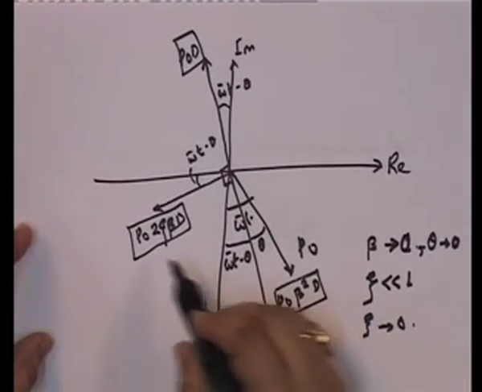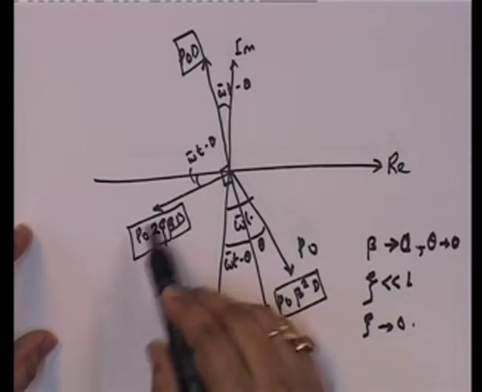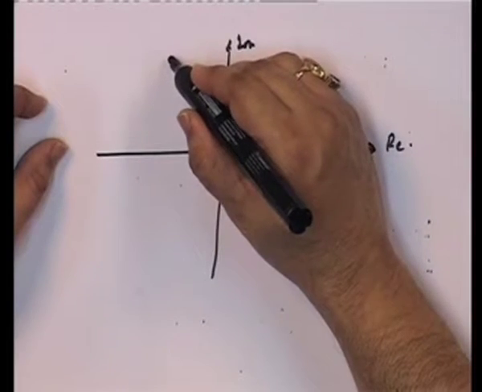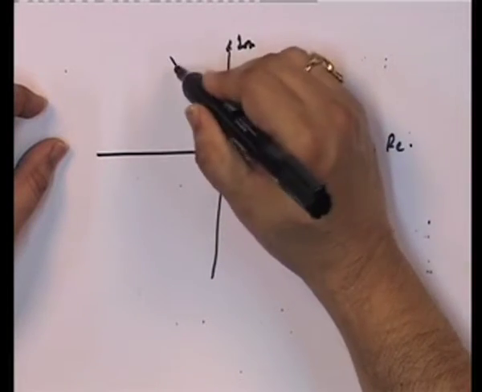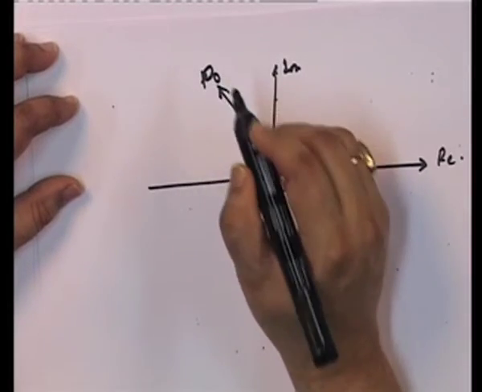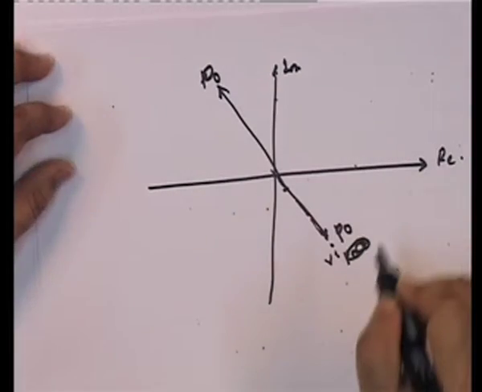What happens to this one? This is also beta, tending to 0. So, this term disappears, and we are left with this one, which is p naught, and d is 1. So, this is p naught.